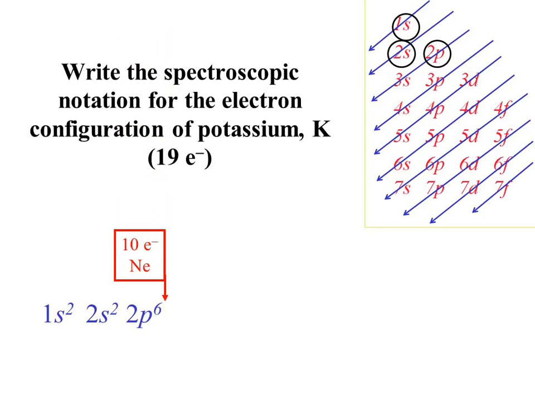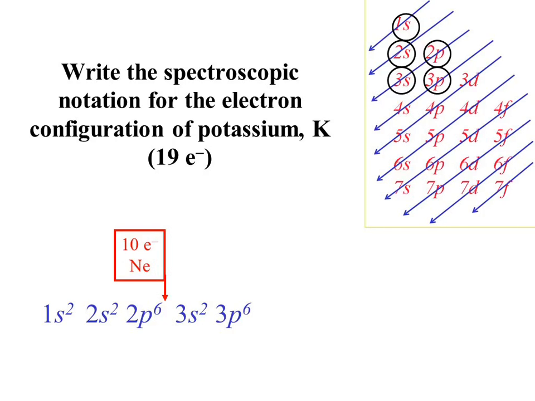After 2p6, it's 3s2. Now I'm ready to go on to the third diagonal. The top of the third diagonal is 3p. So I have 10 plus 2, 12 electrons, and I definitely have room to totally fill that 3p with 6. So I've got 18 electrons.